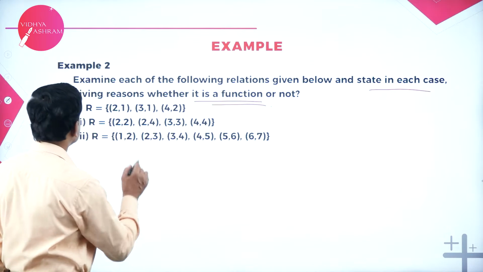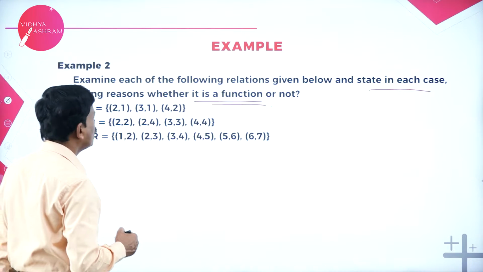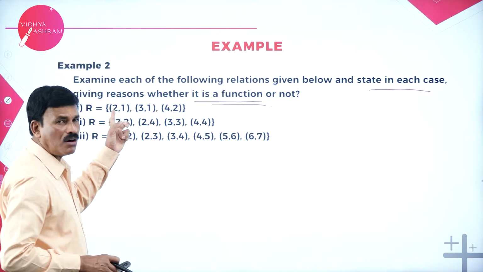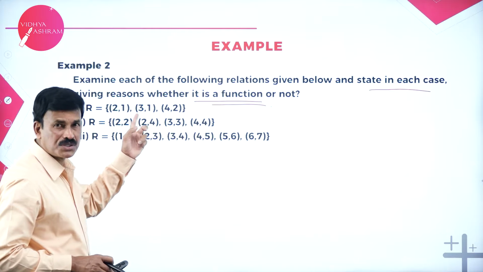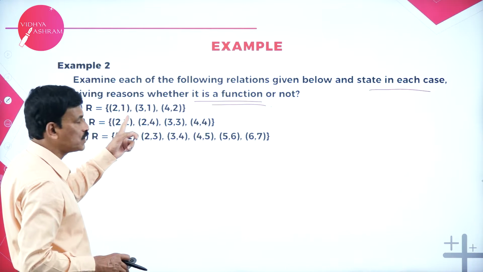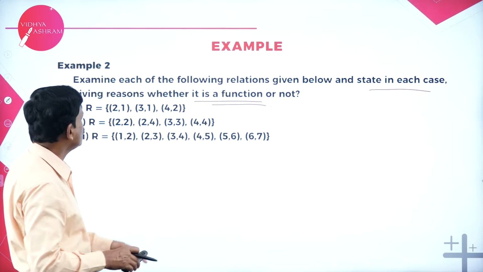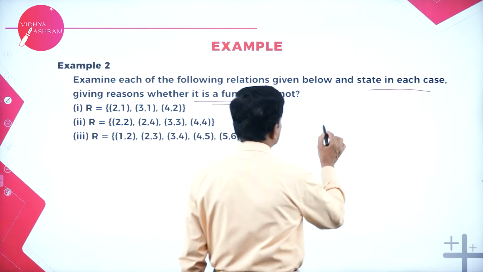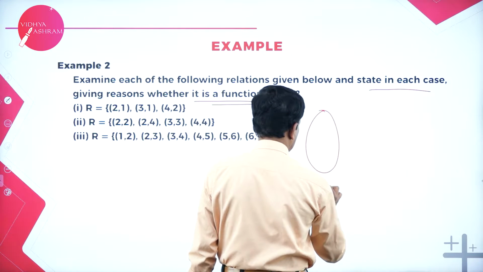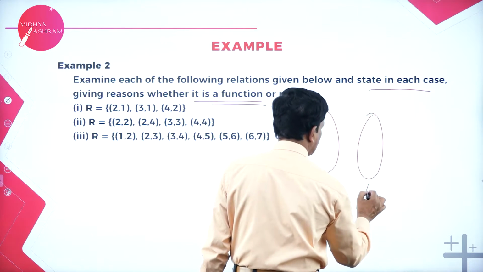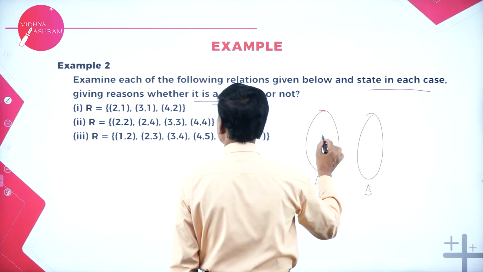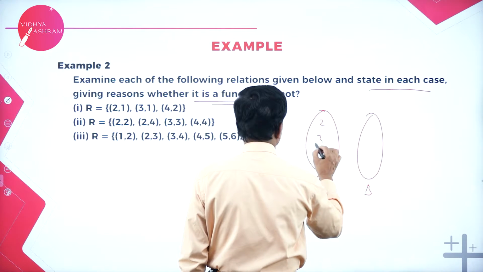See here, the first example, R is equal to {(2, 1), (3, 1), (4, 2)}. So straight away we can say all the elements are unique associations. Here 2 is related to 1, 3 is related to 1 and 4 is related to 2. So here, let us write this as A and B. So what are the elements we have in set A? 2, 3 and 4.